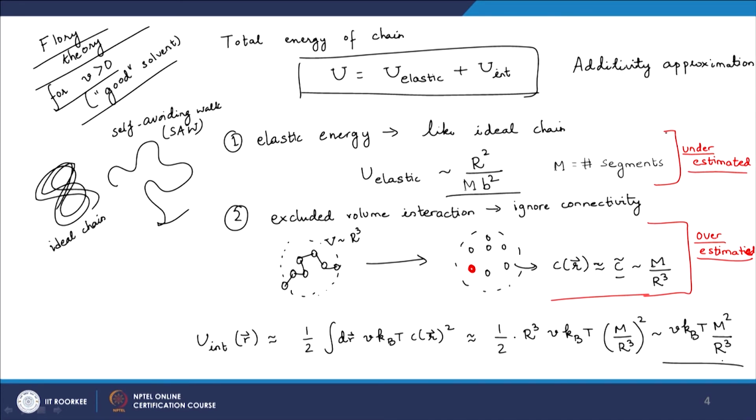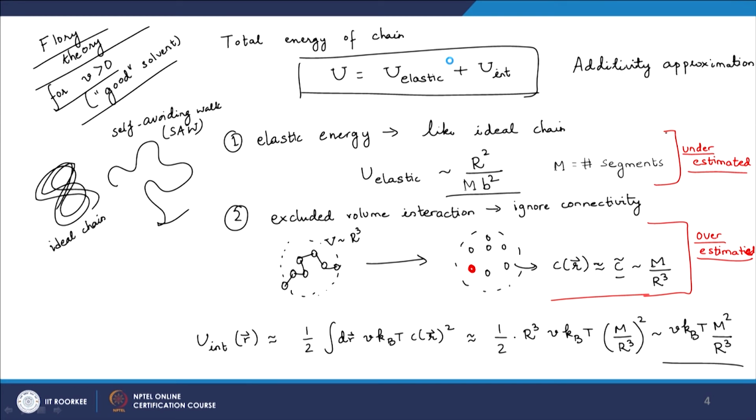So, now we are left with the elastic energy and the interaction energy both scaled in this particular way in terms of m and r. m is the number of segments, r is the size, and I can write the total energy, using scaling, as we have just derived previously.